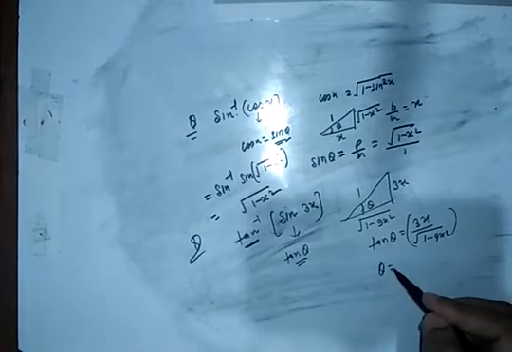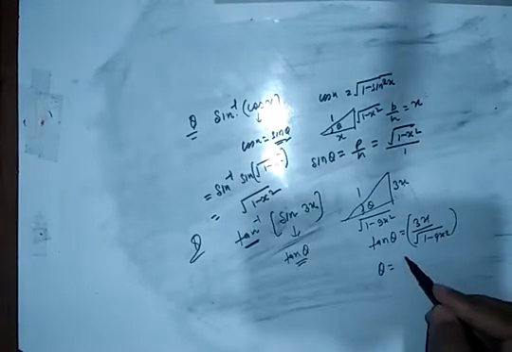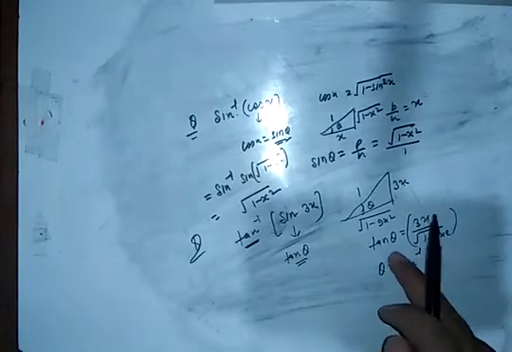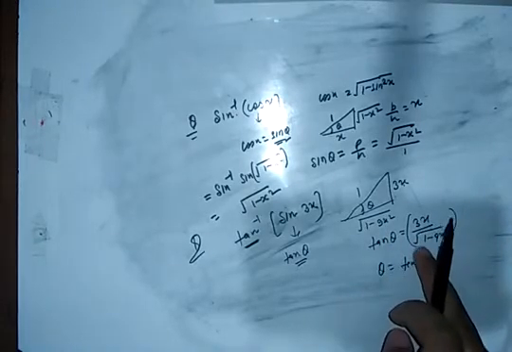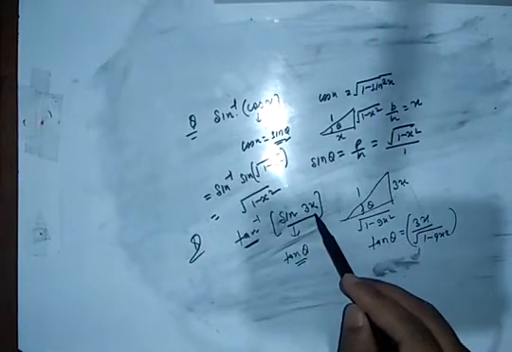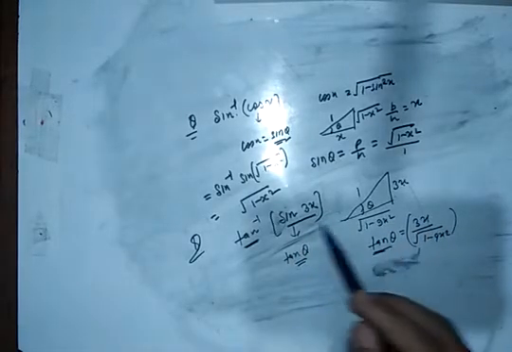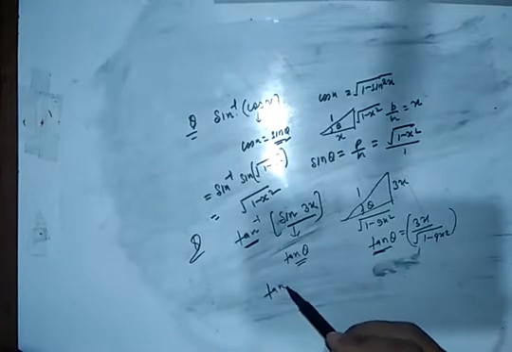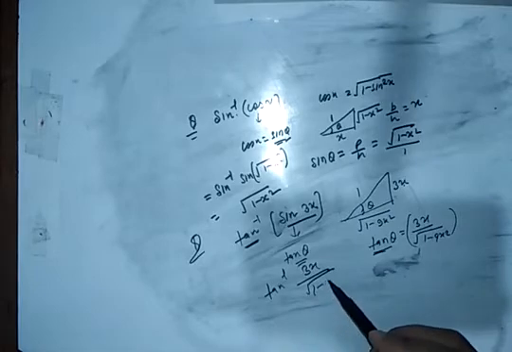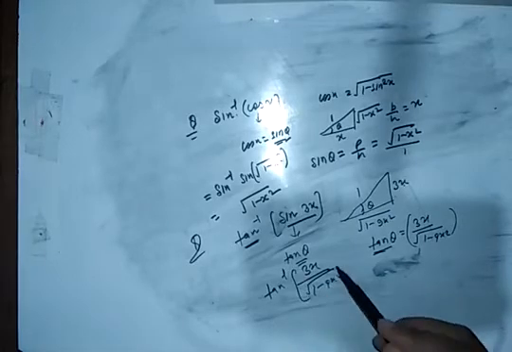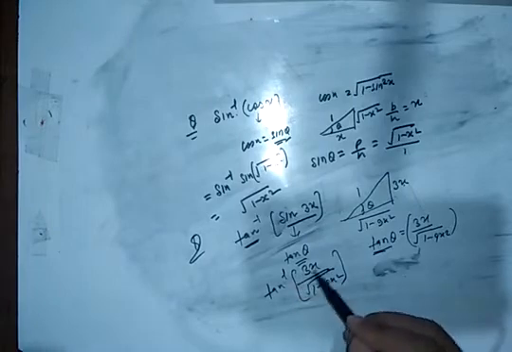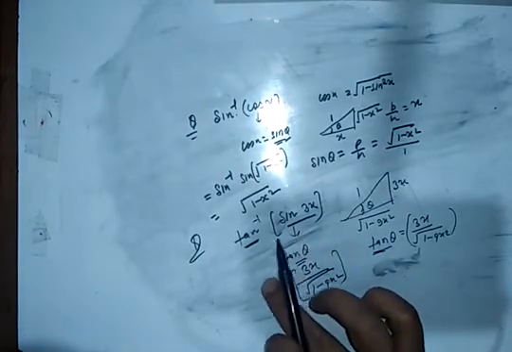Now theta is equal to tan inverse of 3x by under root 1 minus 9x square. This is in the tan form, so the inverse can be removed.